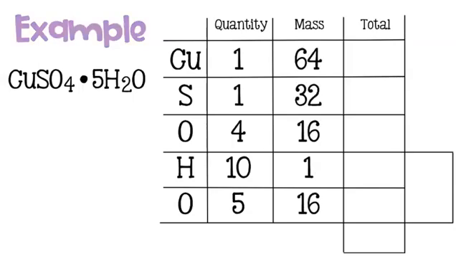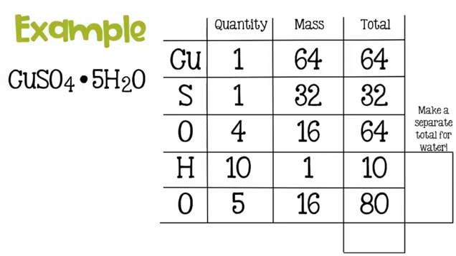Pull in our masses from the periodic table: 64 for copper, 32 for sulfur, 16 for oxygen, and 1 for hydrogen. Multiply across each row to get the total mass for each element: 64 for copper, 32 for sulfur, 64 for oxygen in the copper(II) sulfate, 10 for hydrogen, and 80 for the oxygen in the 5 waters.